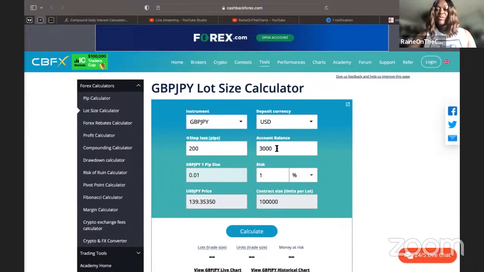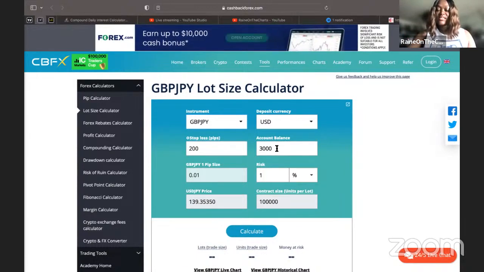You're going to put in whatever the size of your account is. Say you have $5,000. You're going to put that in. On GJ, on average, I always have like a 50 pips stop loss. So let's do 50 pips.